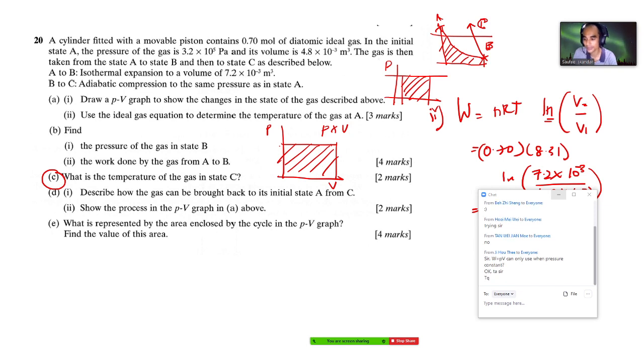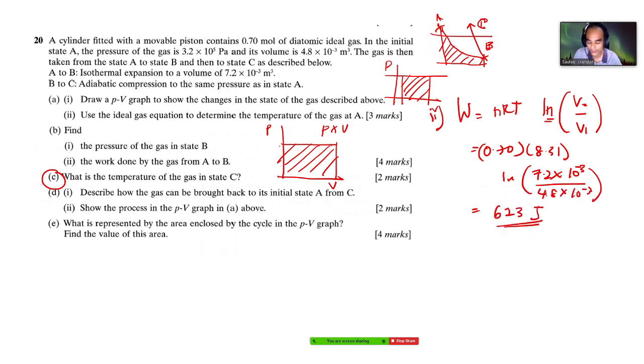Okay, so we continue with C. Now we go back up to C, and C does not have the same temperature as A to B. It will be different. So remember, when you have adiabatic, you have the equation TV gamma minus 1 equals constant.